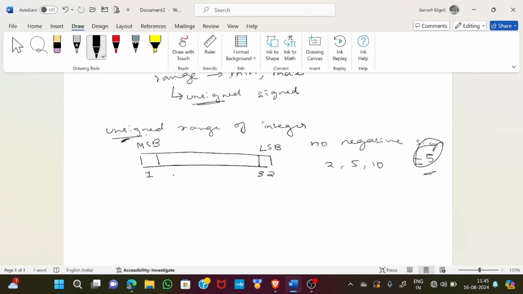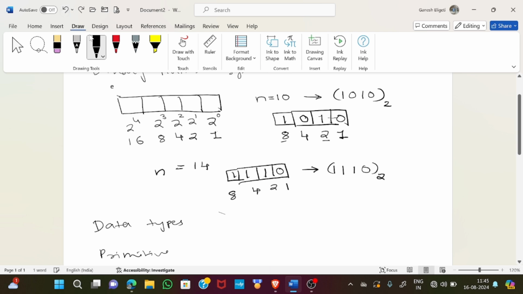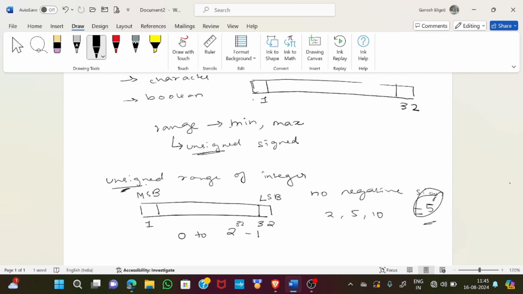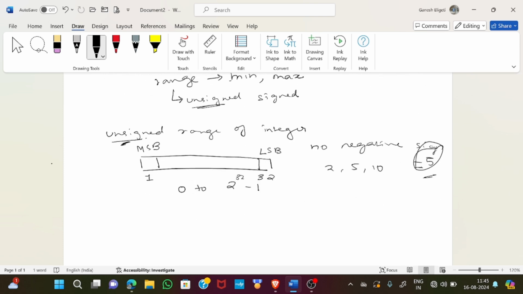It has a range of 0 to 2 power 32 minus 1. Now let's see why it has this range.